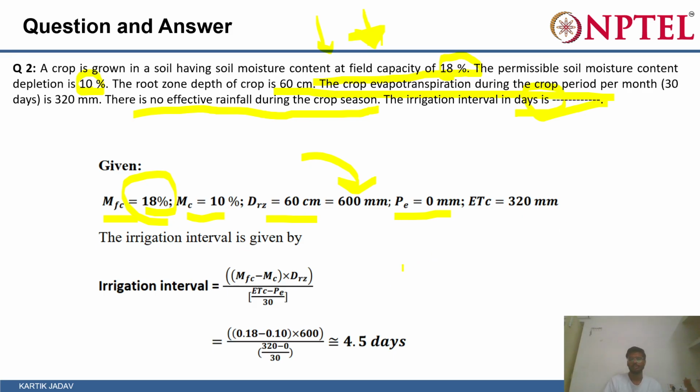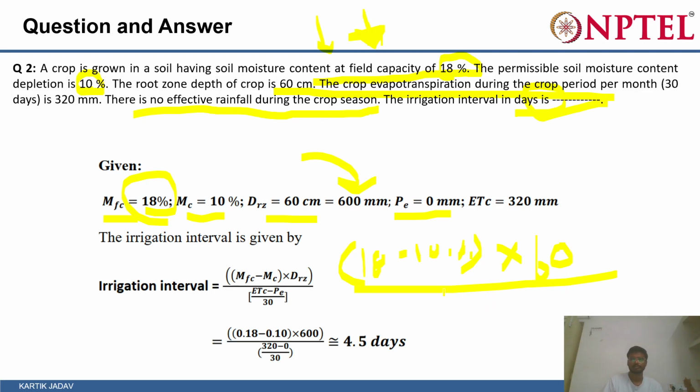To calculate the irrigation interval, first find the actual amount of water required by the crop. That is your 18% minus 10% moisture content, multiplied by depth of root zone, 600 mm. So that is your water requirement.